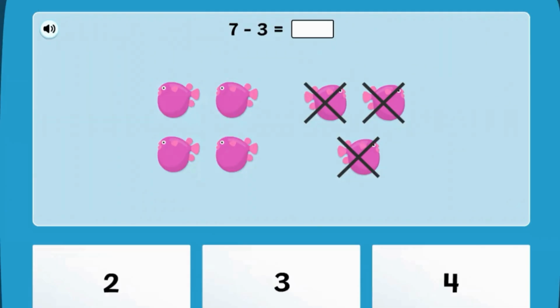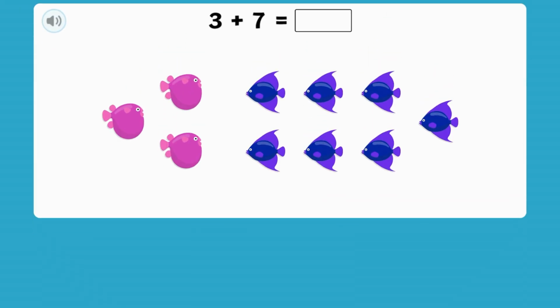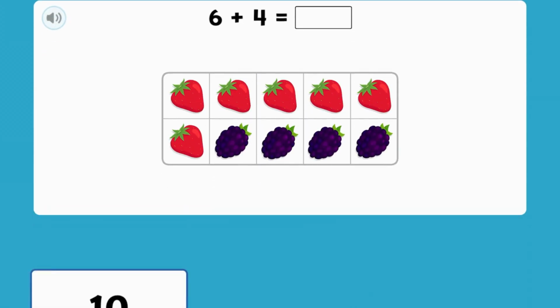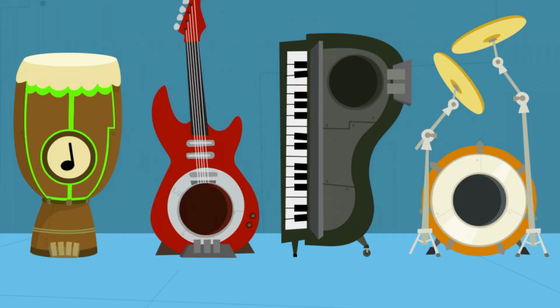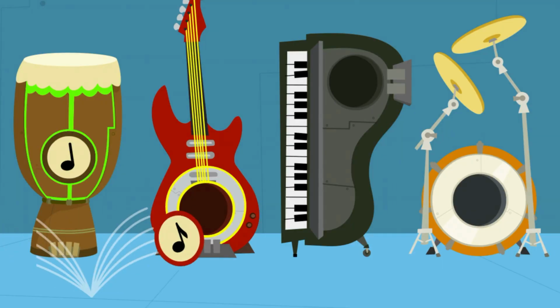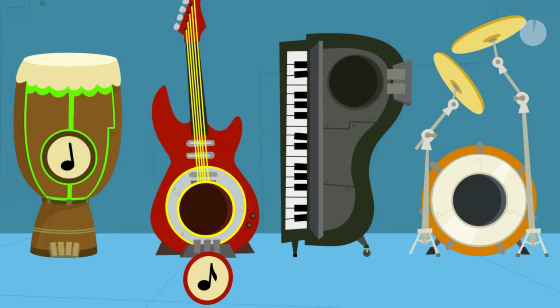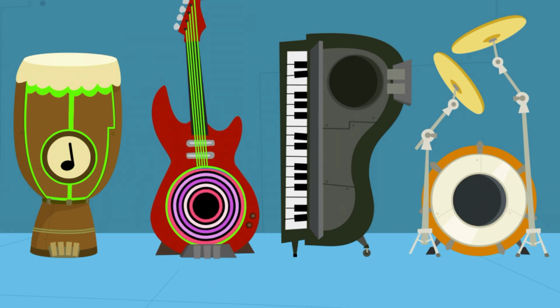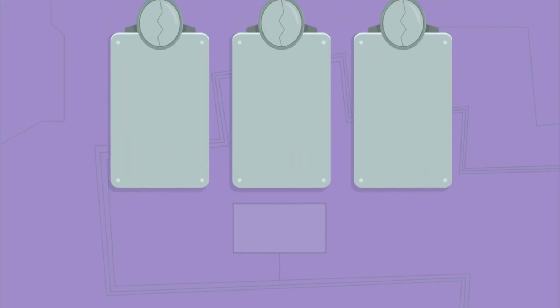Now let's practice more adding and subtracting. Let's practice sorting addition tiles.